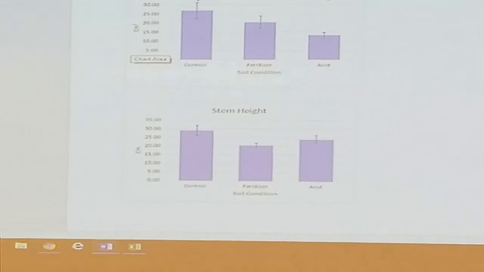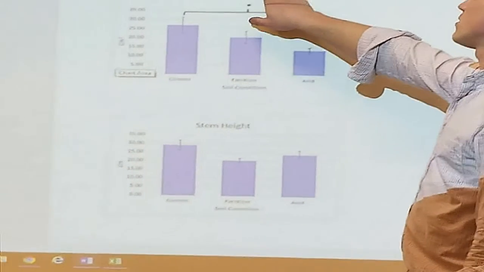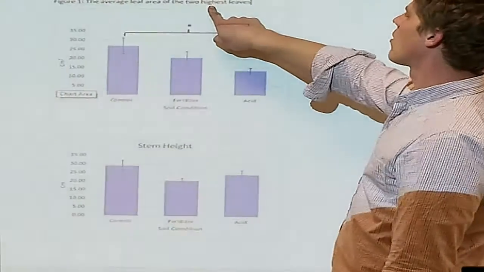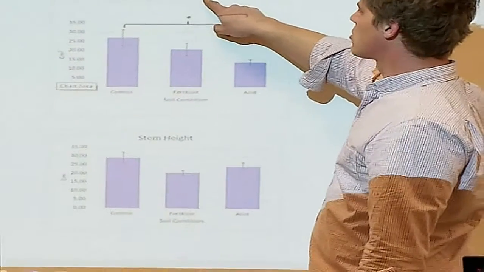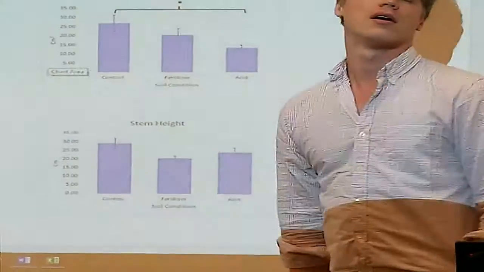Usually in the legend it will tell you a little bit about what the graph is showing you, and this even gives us a little hint into our methods, that we actually took the average leaf area, not of all the leaves, but just of the top 2 leaves.